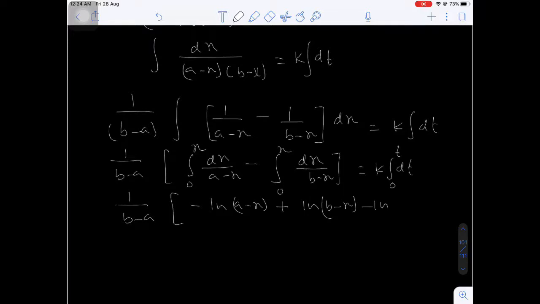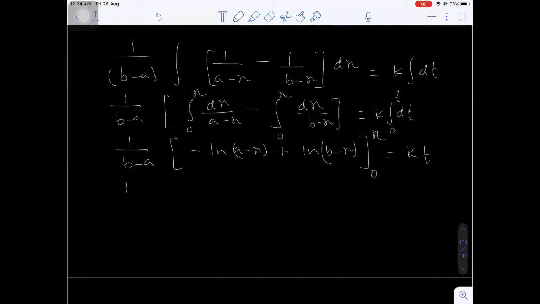Now here we have to replace the upper limit and lower limit. What is the upper limit here? x. What is the lower limit here? 0. And k into integral dt will be t. Now here 1 by b minus a.